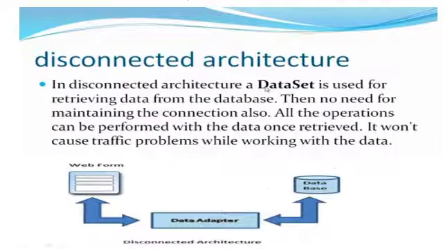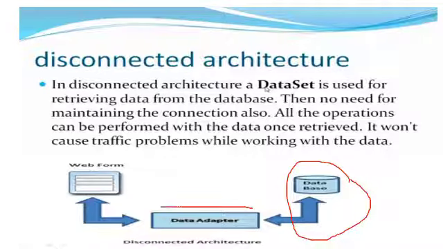Now, the disconnected architecture. We know that disconnected architecture is go, get and forget. That means the adapter will be used to take data from the database and it will be seen in the form. It will update the dataset in between.